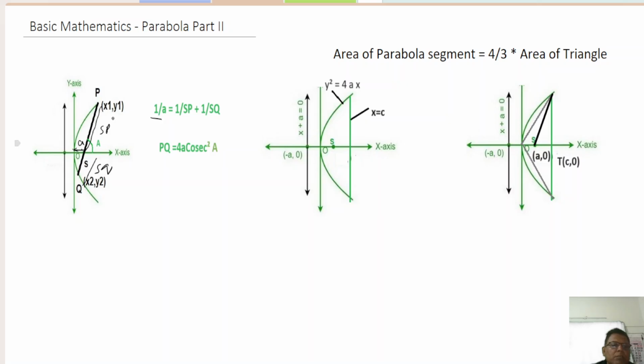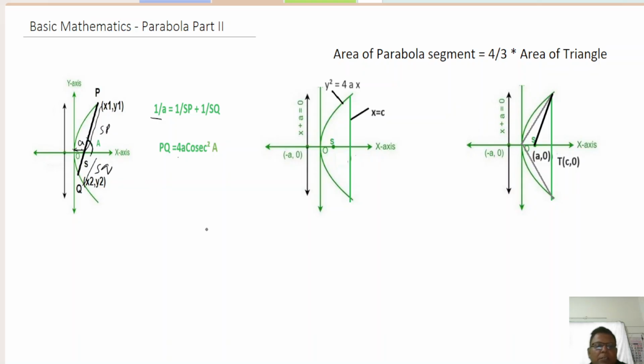Another is PQ, the focal chord length, which will be equal to 4a into cosec square alpha. What is alpha? This angle is alpha, the angle made by the focal chord with the positive x-axis.